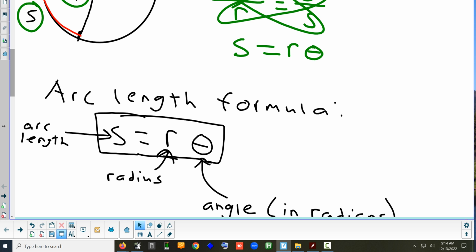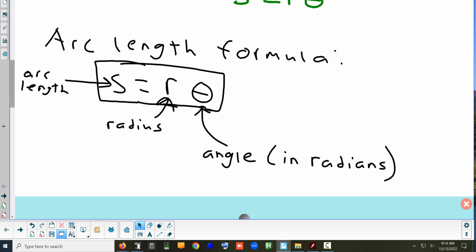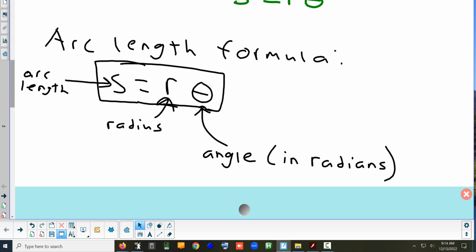So one thing that's important to notice about the arc length formula is that it only works in radians. So the angle in this formula has to be in radians.